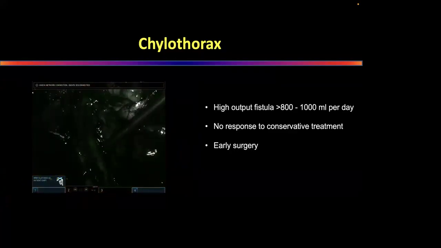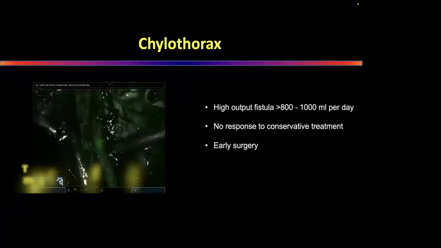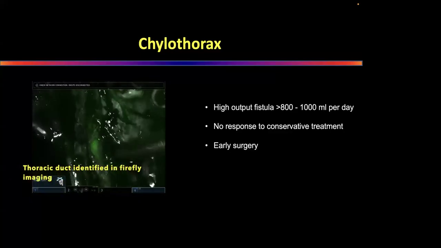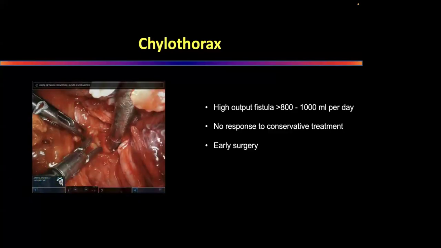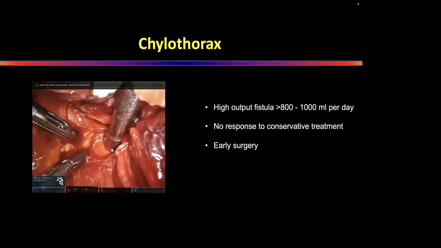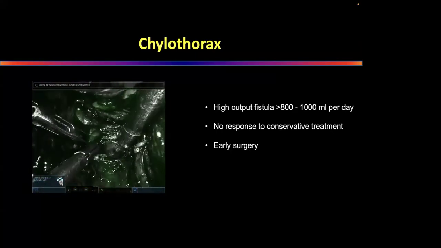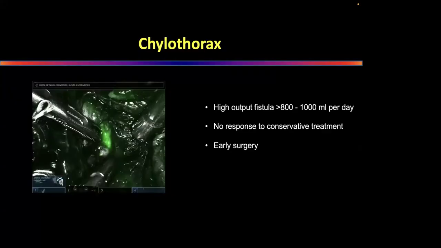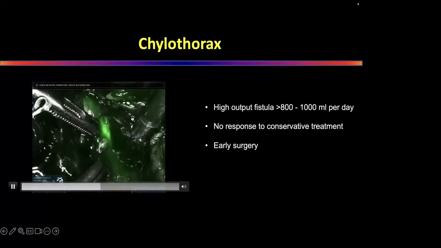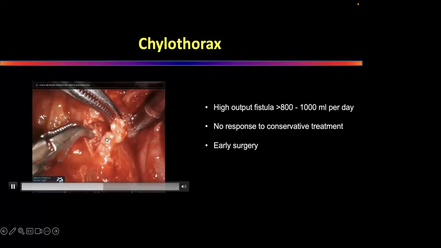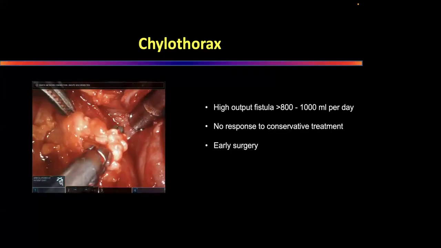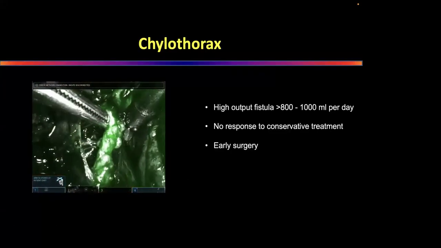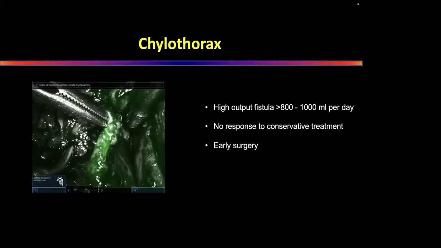Then we switched on the infrared light, and see how beautifully this duct is highlighted. Then we can localize the thoracic duct and ligate it. As you can see, this green fluorescent structure is the thoracic duct. The dye is highlighted in the presence of the infrared light.